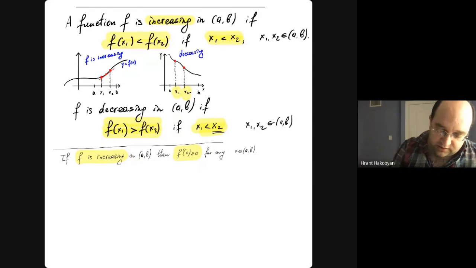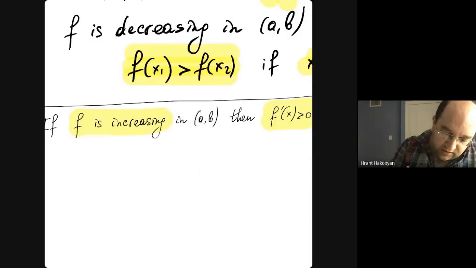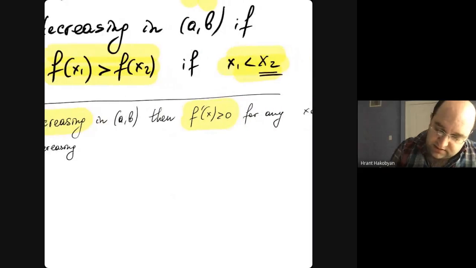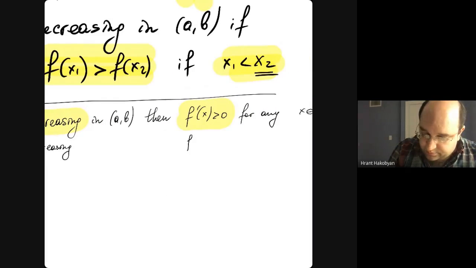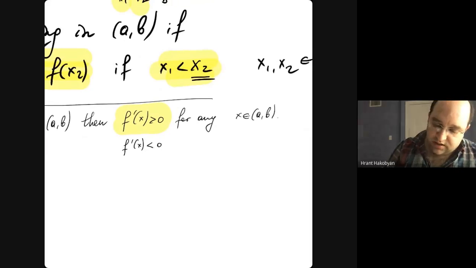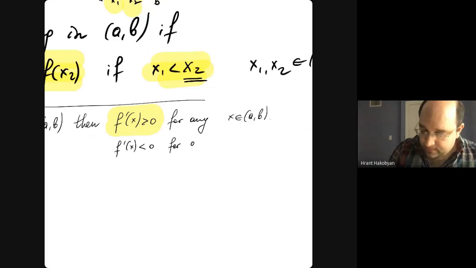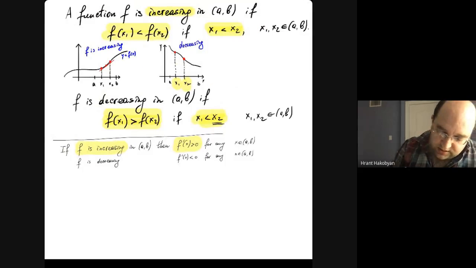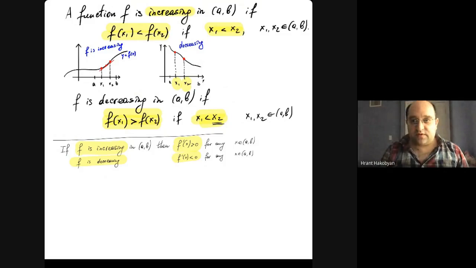So I'm going to write it again here. f is now decreasing in this interval, and that's the same thing as saying that f prime of x is negative, again for any x in this interval AB.